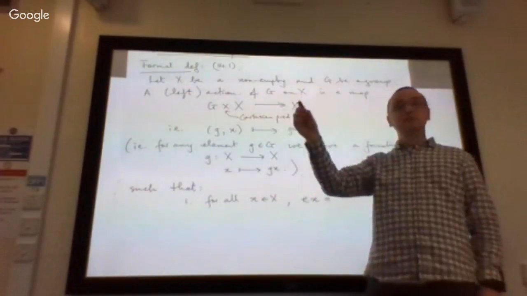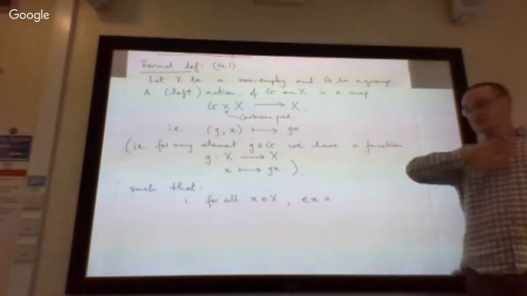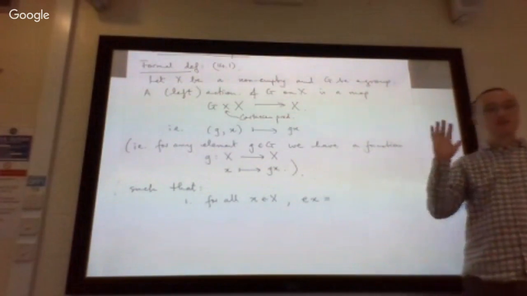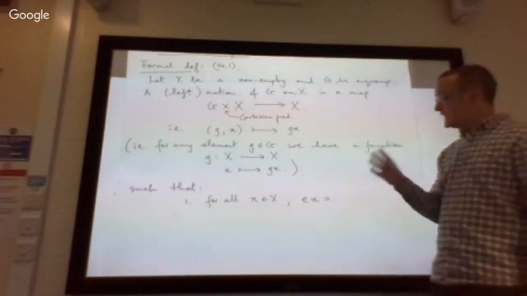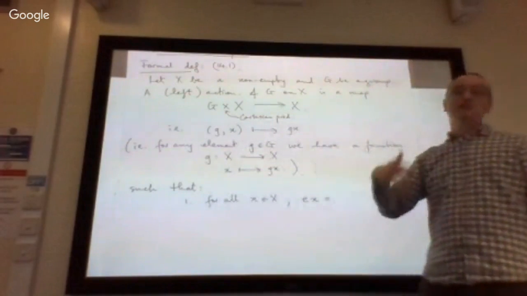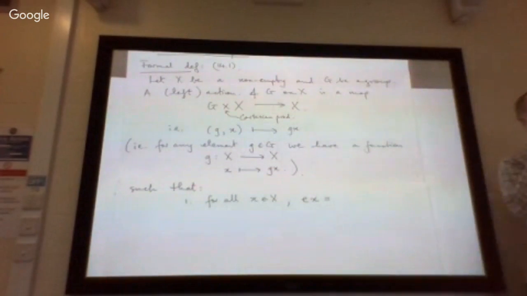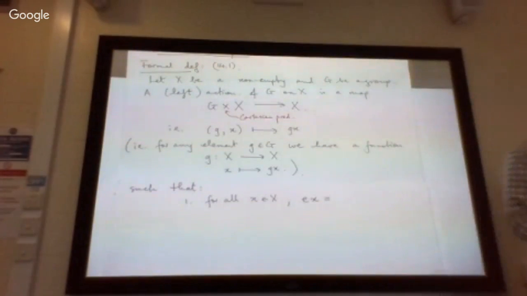Just the function that simply takes every element from the set and sends it to itself. Quite a boring function. There's not a whole lot interesting you can say about it. But it is naturally associated to the identity element of the group. The identity element of the group, after all, is a special element that doesn't change any of the other group elements when you multiply them.